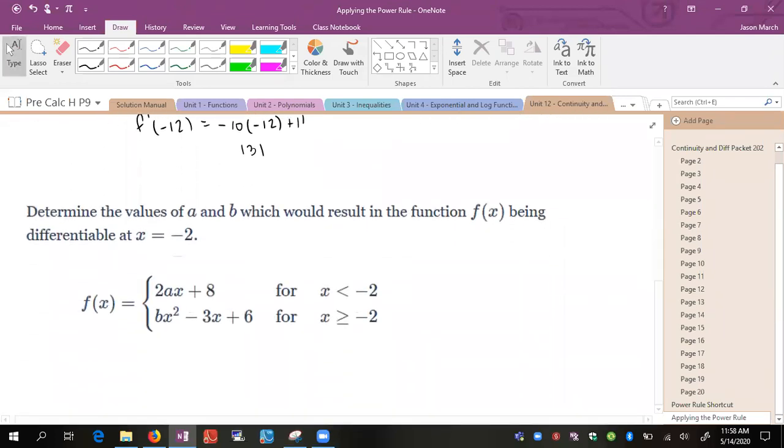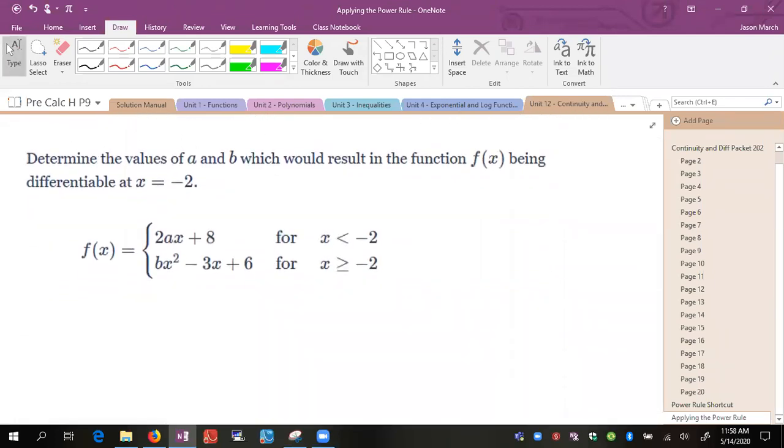Okay, so the next example here is an example where we have to make a piecewise function differentiable by finding out the specific values for a and b. So first, continuity needs to occur. So we need the limit of f of x from the left and right. The possible discontinuity, possible non-differentiability is going to occur at -2.